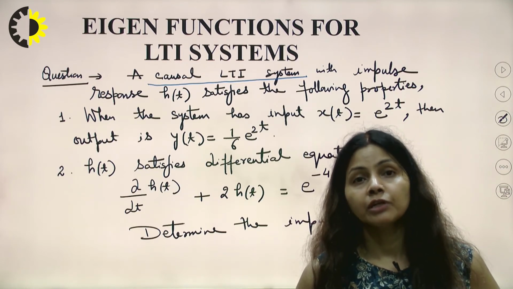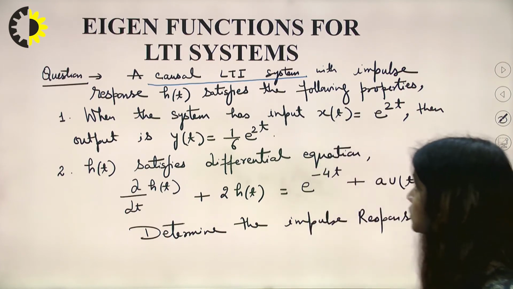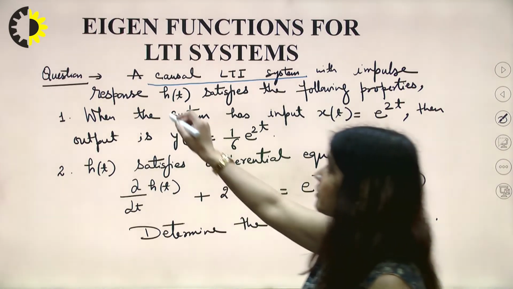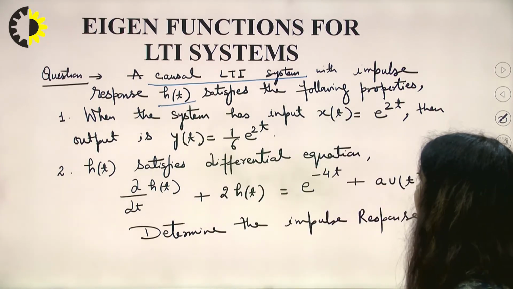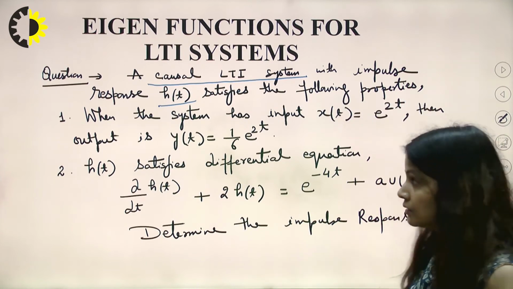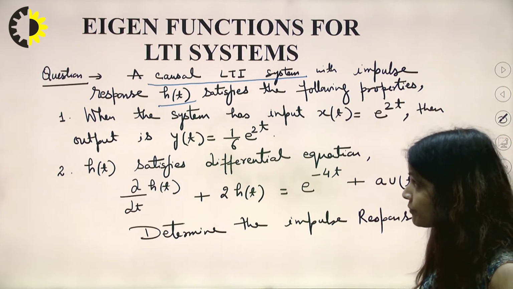So this will be the causal system. For any causal LTI system, the impulse response is given as h(t), and it is satisfying the following properties. Now look at the properties.